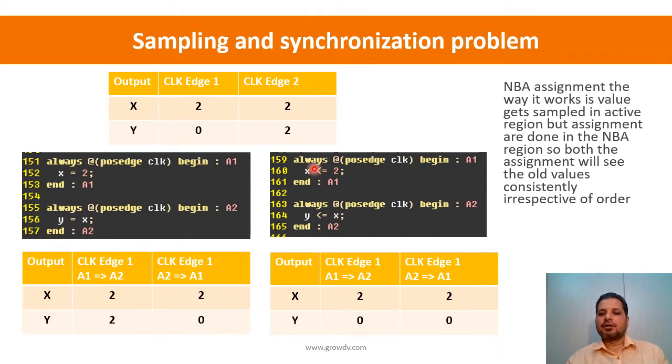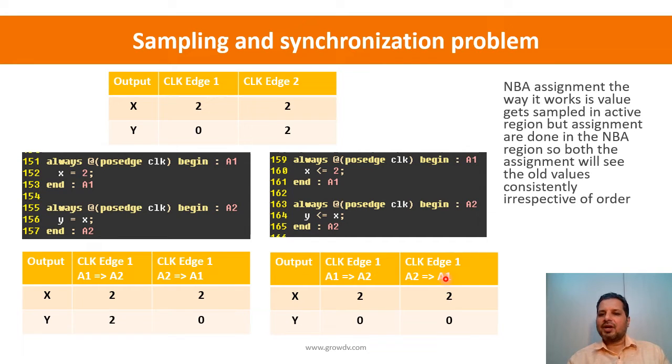We have just scheduled it to be assigned in the NBA region, and while we are still executing in the active region, the current value of x would still be 0, immediately out of post reset, and that is what we are scheduling for y. So irrespective of the order in which this takes place, the value scheduled will remain the same, and hence on clock edge 1 I am always guaranteed to get this behavior, irrespective of the order in which they execute.